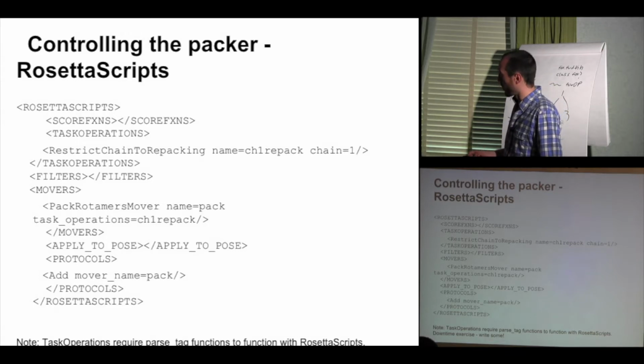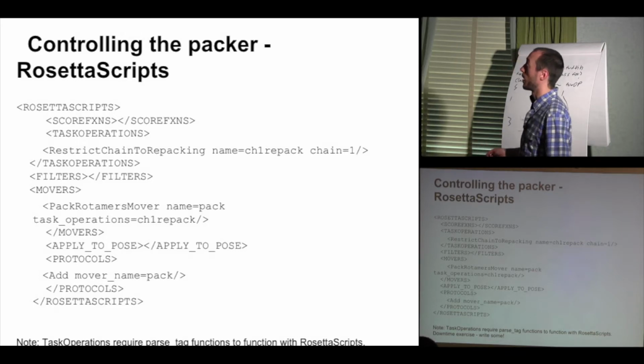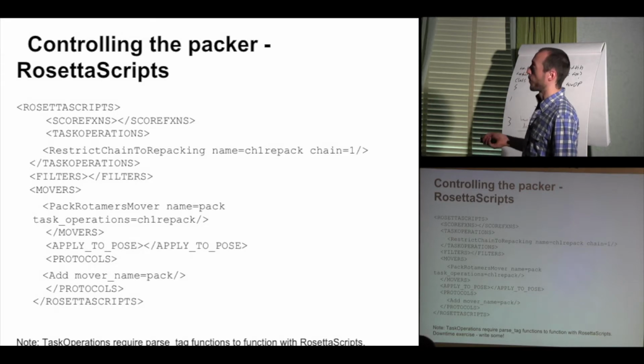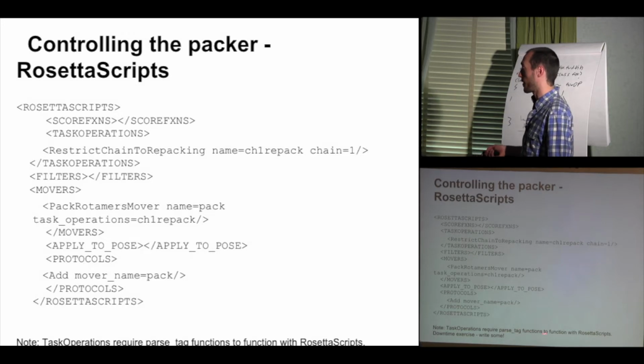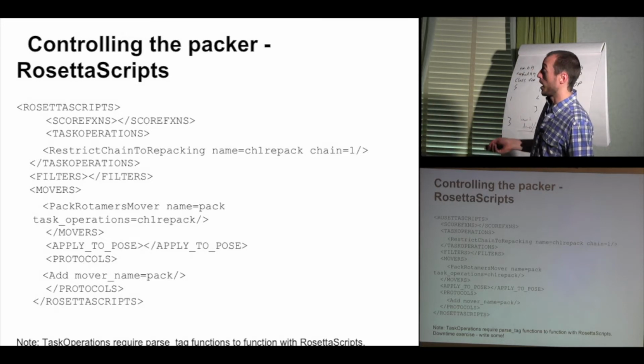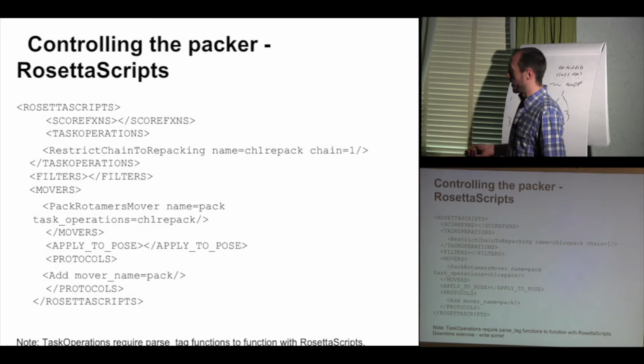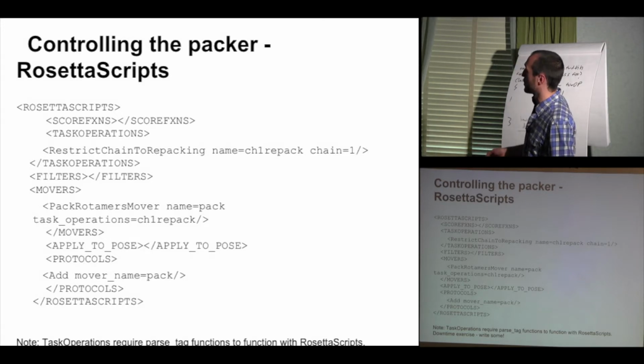And so the last way I want to talk about controlling the packer is through Rosetta scripts. As I mentioned earlier, in order for a task operation to function in Rosetta scripts, it needs a parse tag function. And this is a really minimal example just to get it to fit onto a slide. In Rosetta scripts, you have this task operations block.